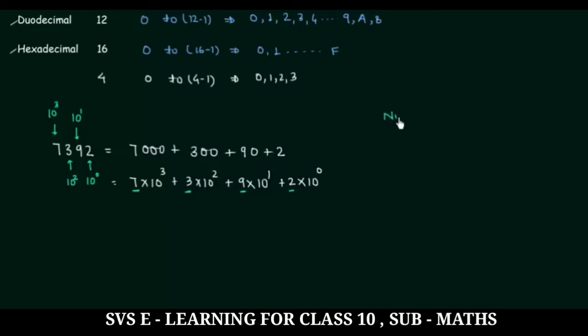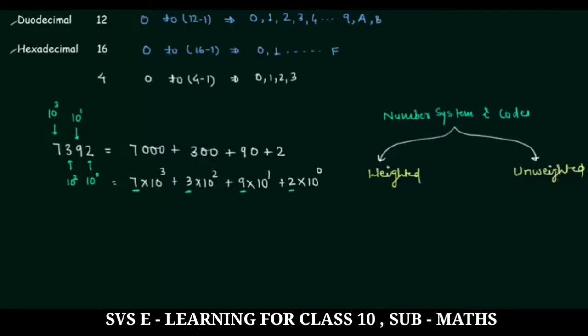So the number system and codes we can categorize into two groups. The first one is weighted and second one is unweighted.